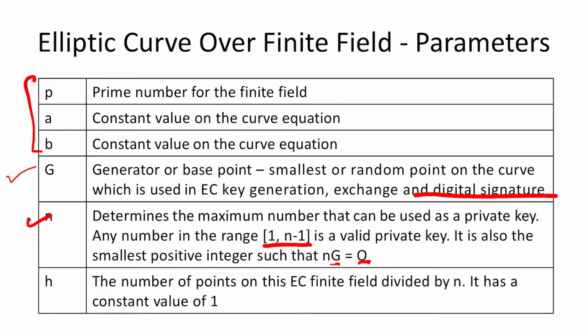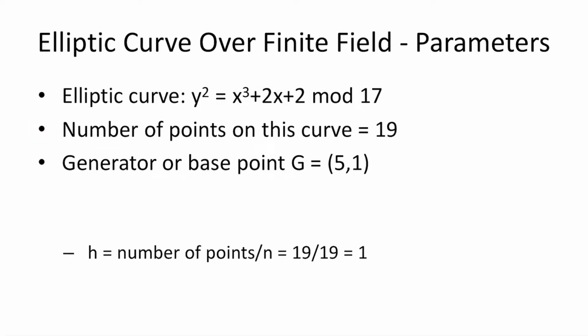We will discuss this in a bit when we get to point addition. H is the number of valid points on the elliptic curve divided by n. Usually it has a constant value of 1, because the number of valid points on the elliptic curve and the value of n are typically the same. So when you divide them, you get 1.